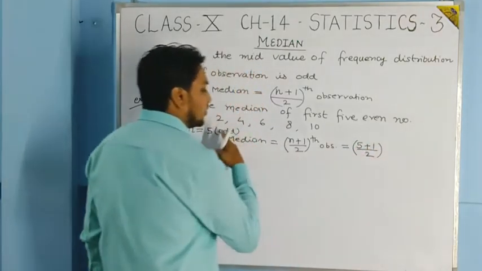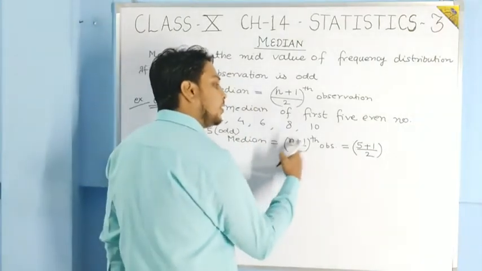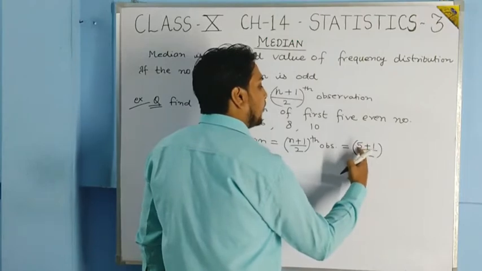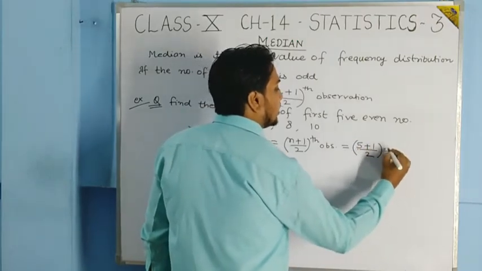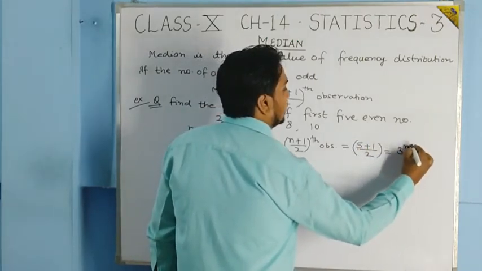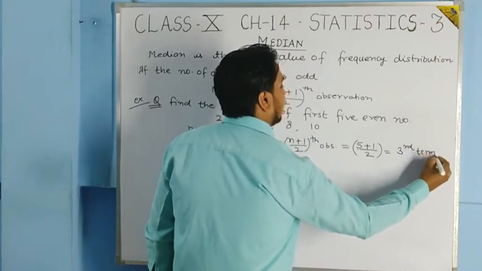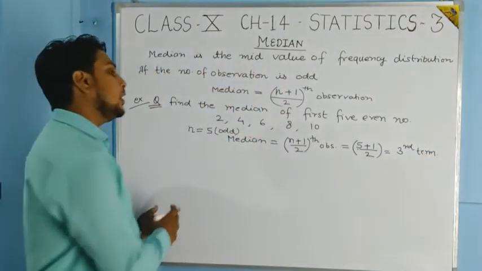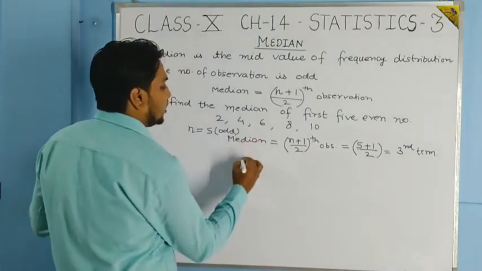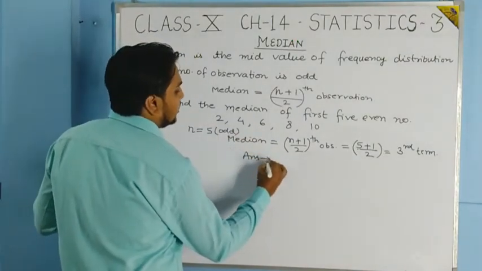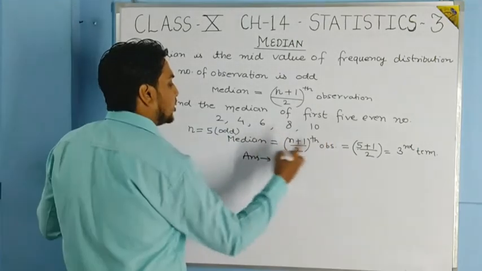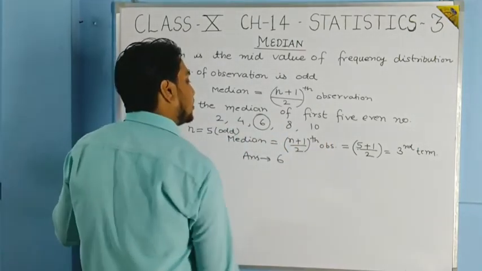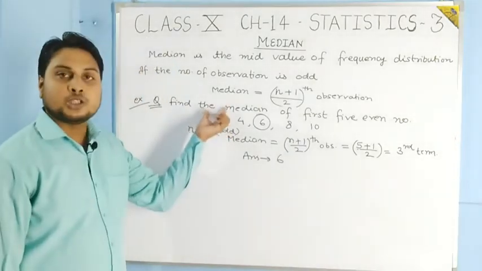We have put the value of n, that is 5. 5 plus 1 by 2, that is 6 by 2, and 6 by 2 is the third term. Okay students, so the third observation is your median, and the third observation is 6. Okay, so 6 is the answer of the question.